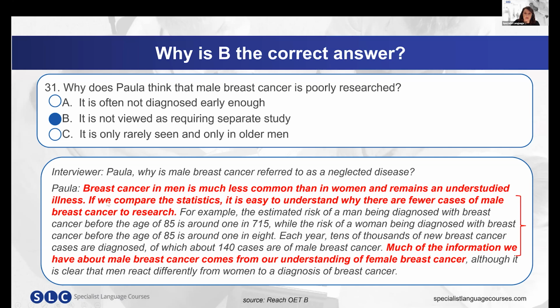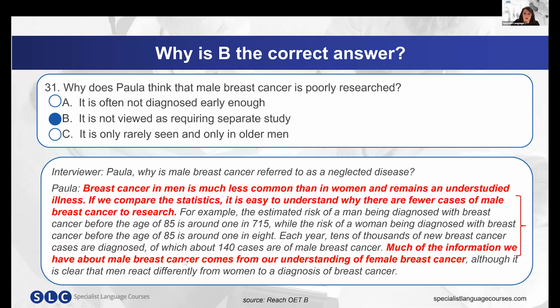It is an understudied illness, so we know that we need to listen quite carefully. An understudied illness is a synonym, another way to say poorly researched. And we can see that there are not so many cases to study as women.